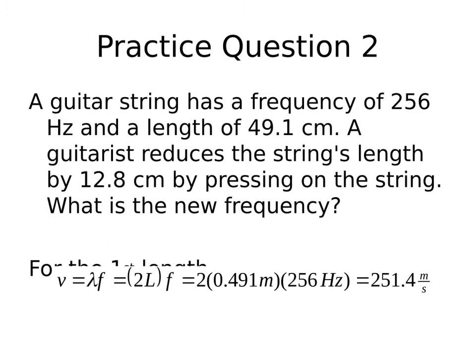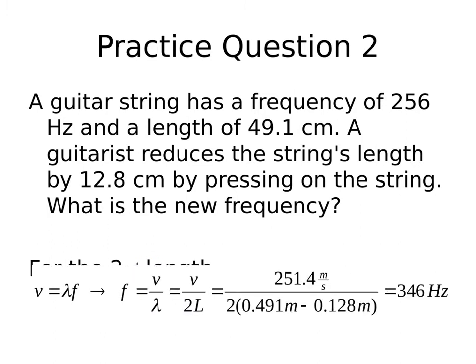And here we're assuming that the guitar string is vibrating in the first harmonic, so that's why we are using 2L for the wavelength. So when we work that out, we get 251.4 meters per second for the speed of the wave in the string.